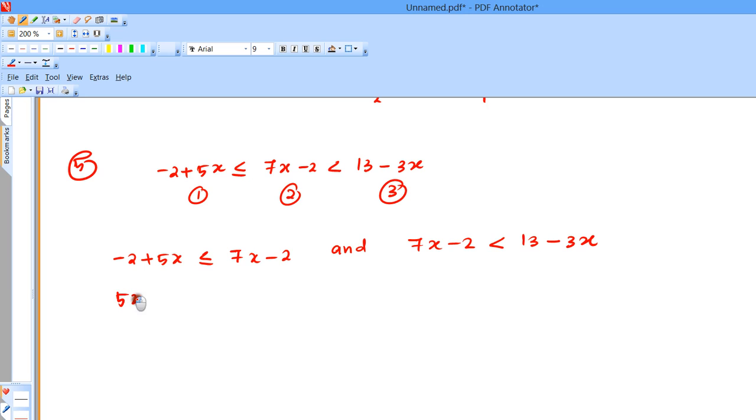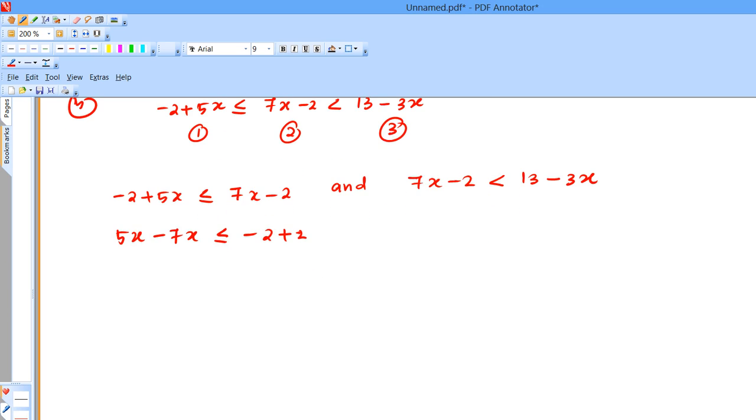So we get 5x minus 7x less than or equal to negative 2 plus 2. 5 minus 7 is negative 2x less than or equal to 0. Now we want to divide, but our coefficient is negative, so we change the inequality symbol. Less than or equal becomes greater than or equal to 0 divided by negative 2. 0 divided by any value equals 0, so we get x greater than or equal to 0.